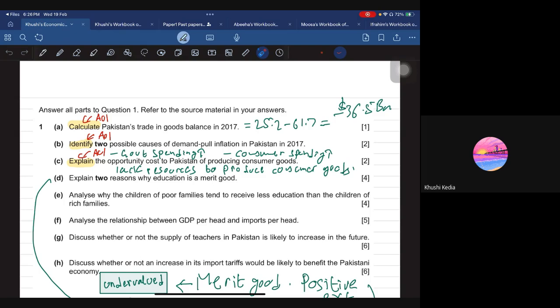And then the second point, for the poor: when we say that the poor do not recognize its importance and the poverty cycle continues, somebody who is poor is not able to educate his child. So this poor person will also do the same thing, and the child will start working from the beginning. Even if they start working, their incomes will not be enough to support the next generation.